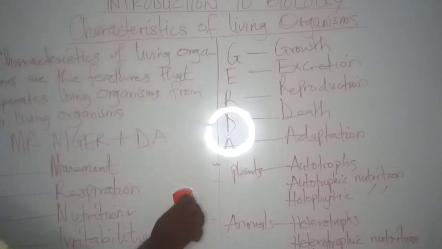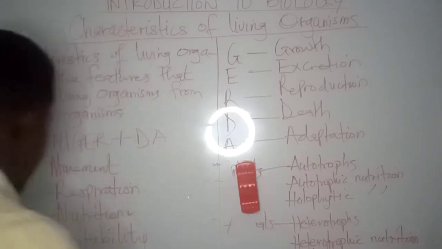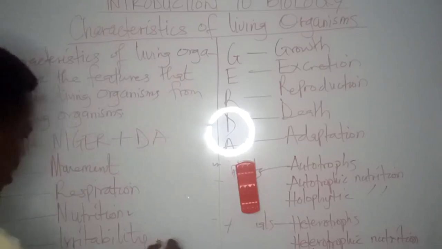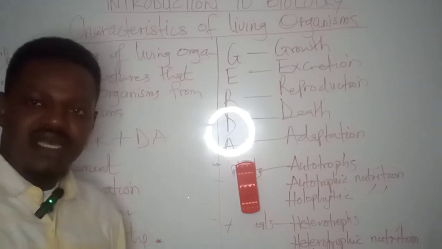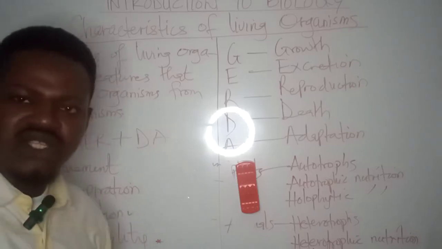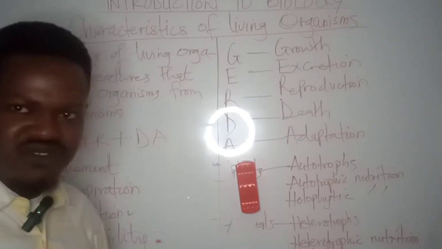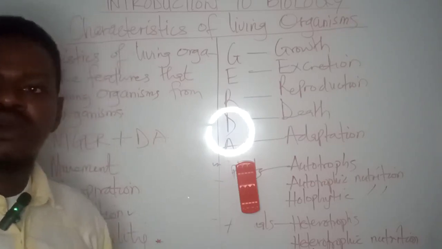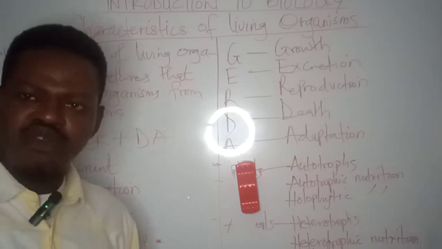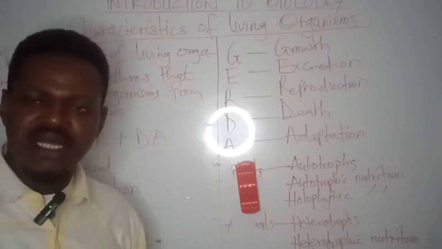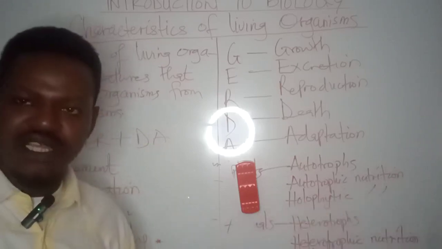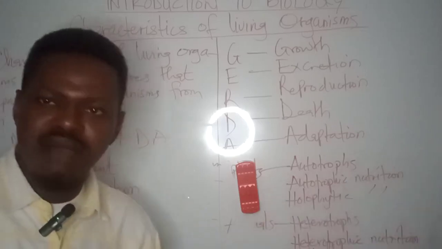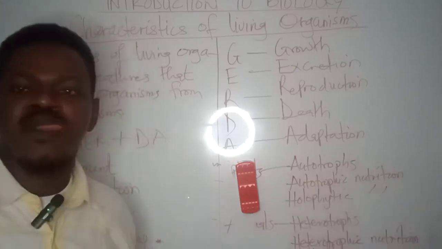Alright, let's look at another feature of living things, that is irritability. Irritability or sensitivity is simply the ability of living things to respond to environmental stimulus. And this could be the stimulus of touch, like we mentioned, mimosa plant that responded positively to the stimulus of touch by folding up its leaves.